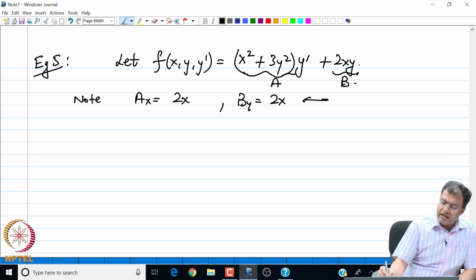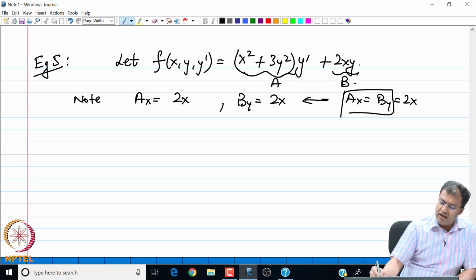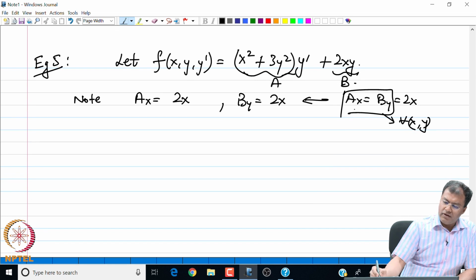So, what I get is that a x is equal to b y is equal to 2x, or a x is equal to b y for all x and y. So, we see that this is an identity in this particular example.